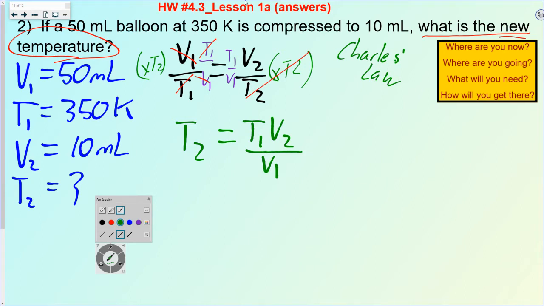All the variables are still there. They've just been reorganized so that T2 is all by itself. Now we can put the numbers into our equation and solve.